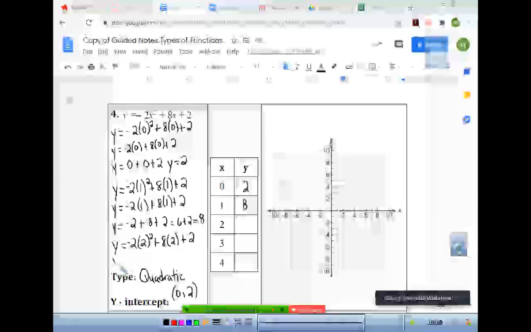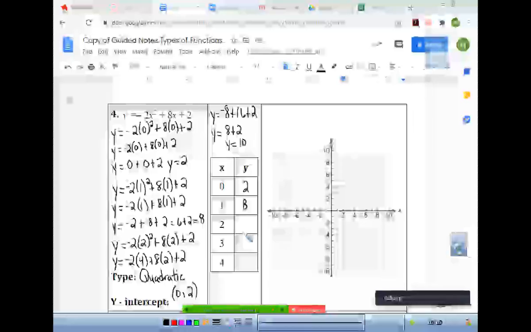What is 2 squared? 4. All right, we've got -2 times 4. -8. And 8 times 2. Negative 8 plus 16. 8 plus 2. 10. So we got 10 there.